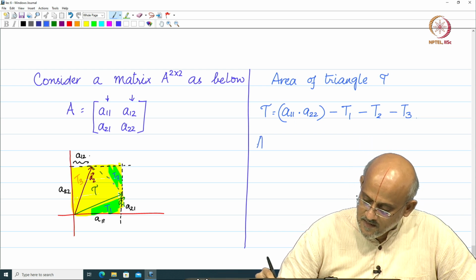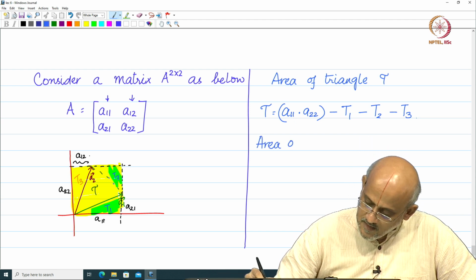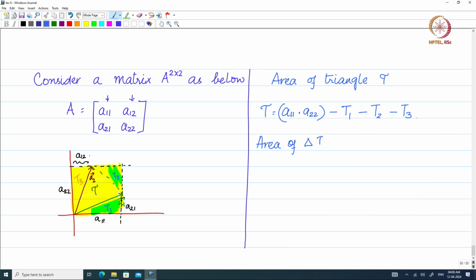Now, what is the area of triangle T1? Area of triangle T1 is nothing but half into base into height. Half, base is A11, and the height is A21. Similarly, area of triangle T3 is half base into height, again half into A12 into A22.